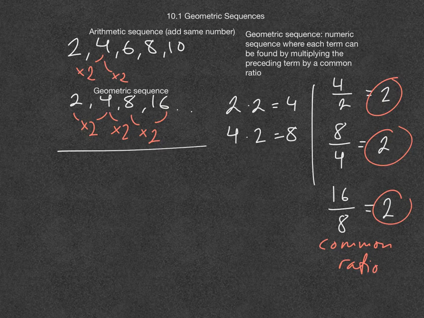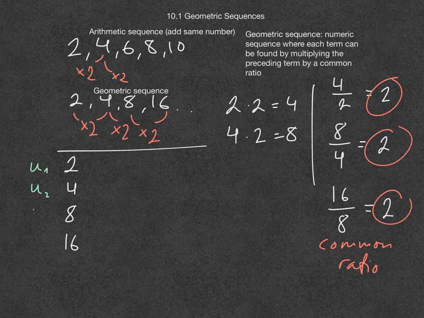If we examine our example here, where the first term is 2, and then 4, and then 8, and then 16, then we may use u1 for the first term, u2 for the second term, u3 for the third term, and u4 for the fourth term.